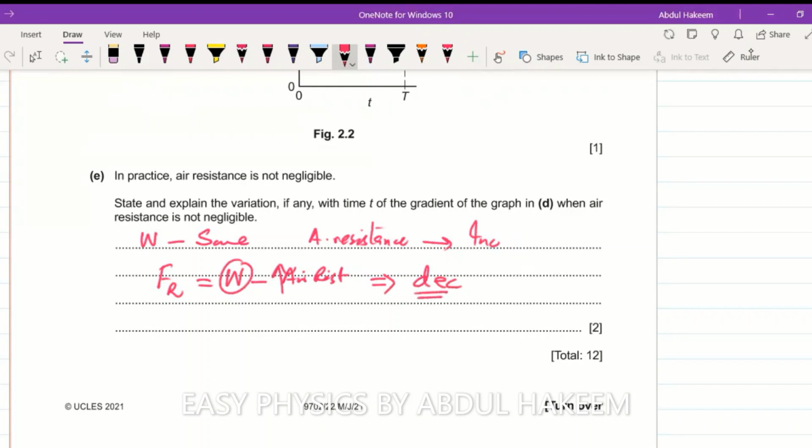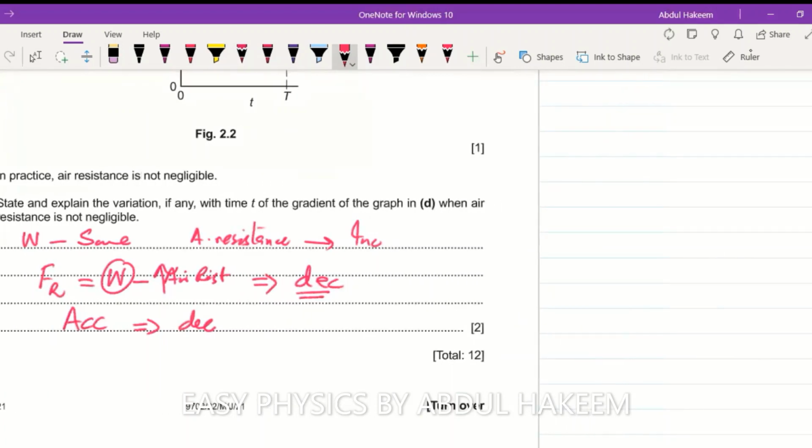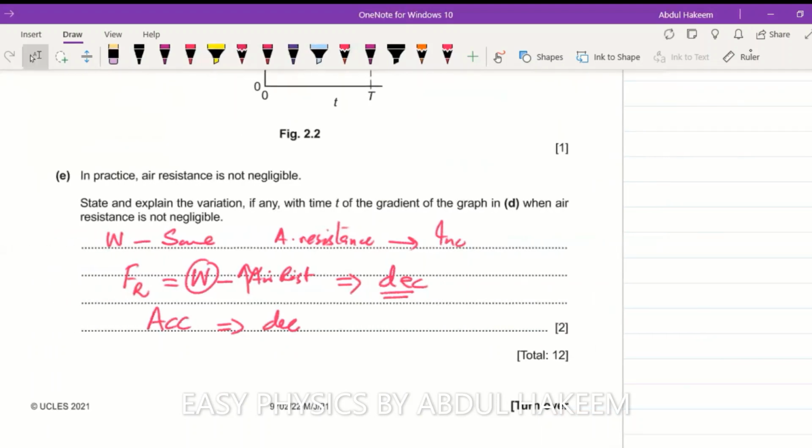So this resultant force is decreasing. Hence, acceleration is decreasing. So we have to draw here the graph with the decreasing gradient. Thus, the gradient of the graph decreases because the gradient is acceleration. So the gradient of the speed-time graph will decrease due to the increase in the air resistance.